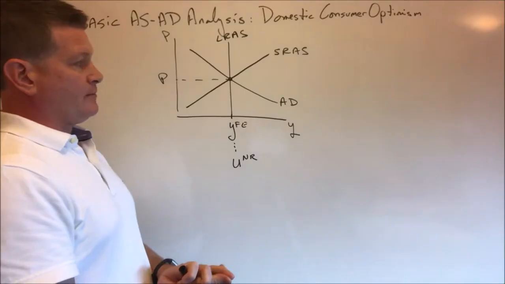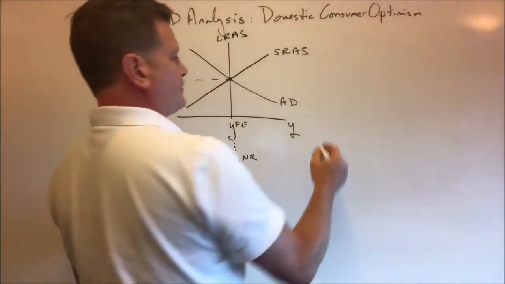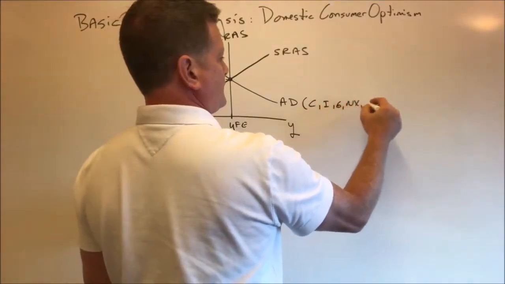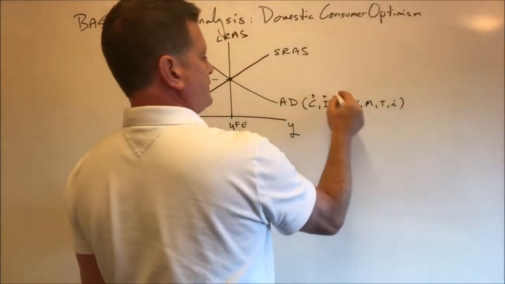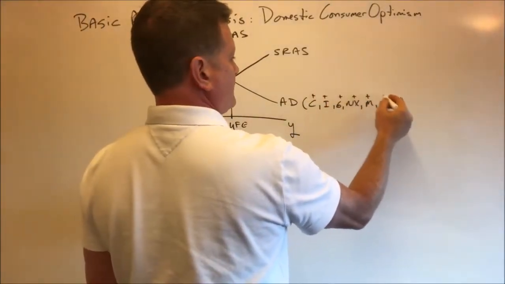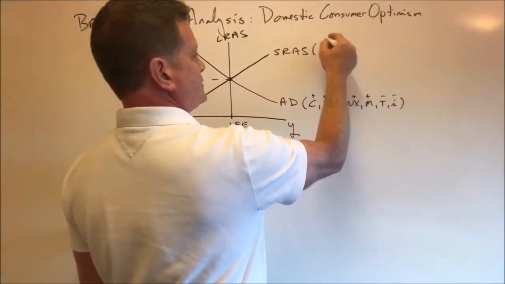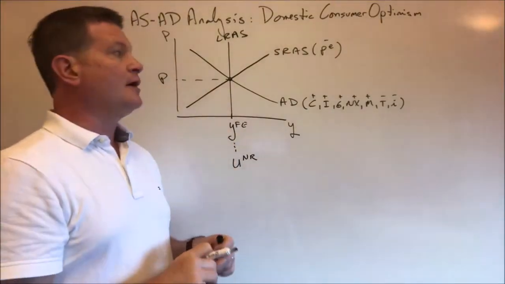So that's step one. If you don't remember what shifts all of these, I often will write those in sort of shorthand notation off to the side. All of these things are positive, and those two are negative. And this basically shifts due to price expectations, or the expectations of the price level, and is negative.